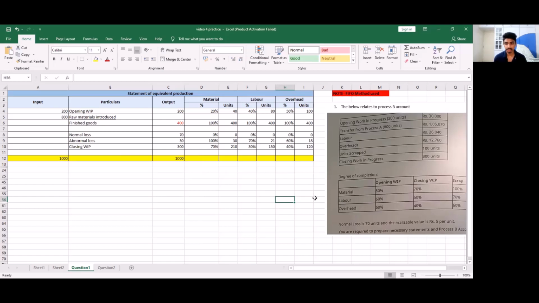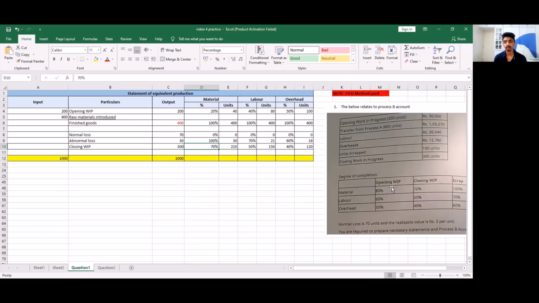If you noticed, for opening work in progress, we took the difference: if 80% was given, we took 20% over here, and if 60% was given, we took 40%. But this was not the case for the other items like abnormal loss or for closing work in progress. We took these numbers as it is. Why is that the case? Because as I said, by saying degree of completion, they're talking about how much work has been completed.